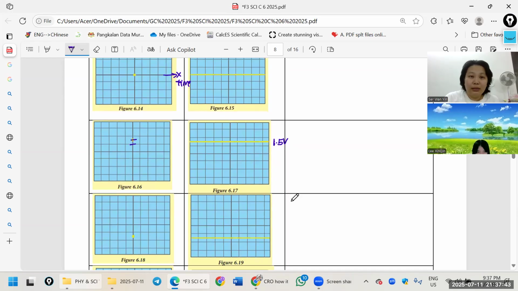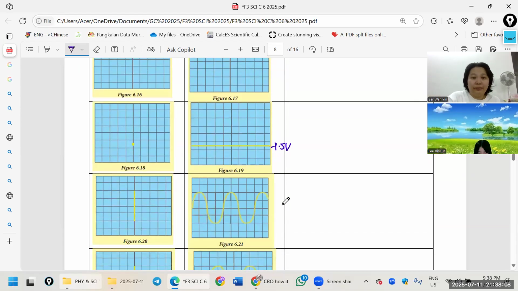Then if we double it, it will drop down to negative 1.5. But anyway, it's still DC, because up positive, down negative, totally positive or totally negative, it's still DC, direct current.